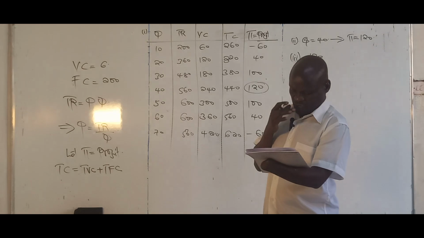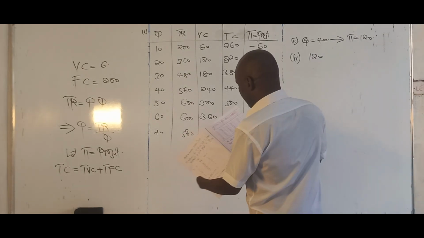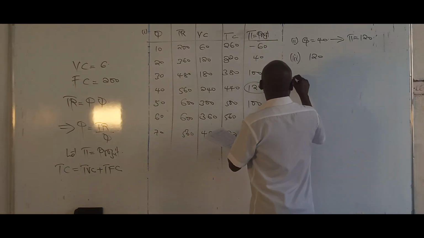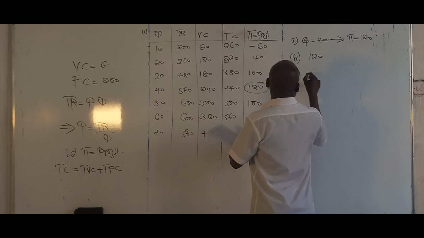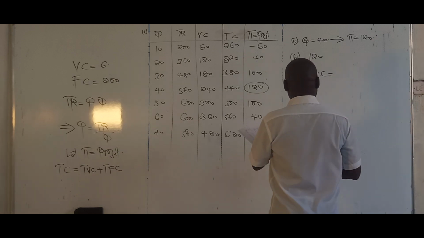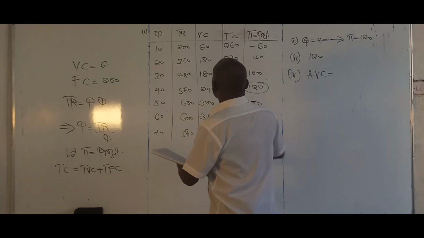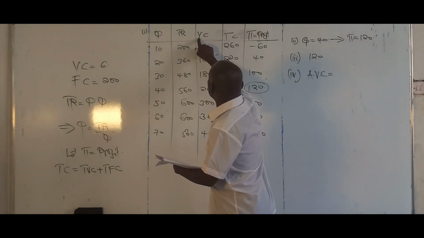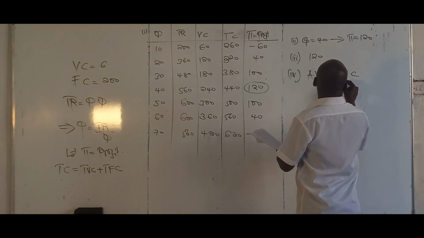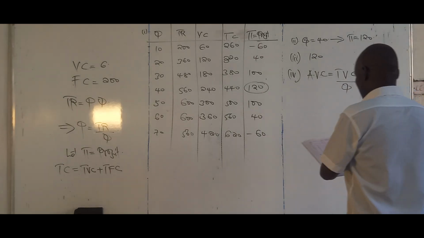Then calculate the average variable cost at the profit maximizing output. Average variable cost should be total variable cost over the quantity that is produced.